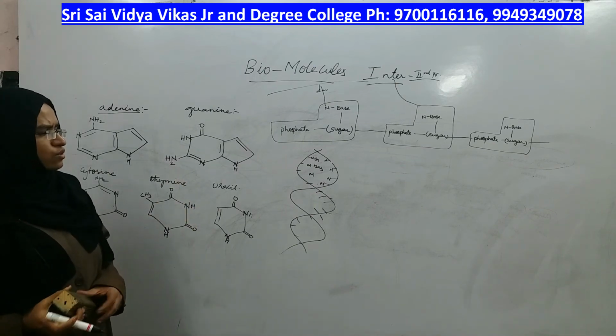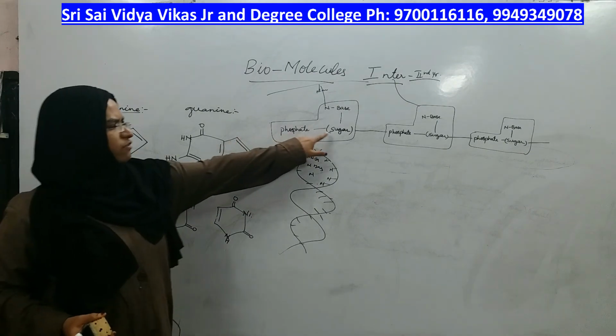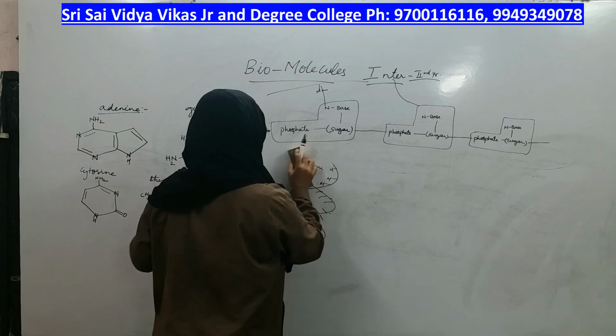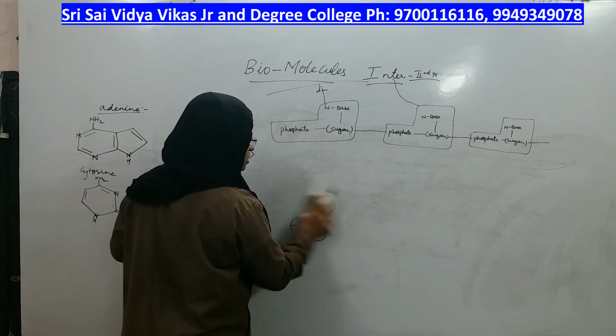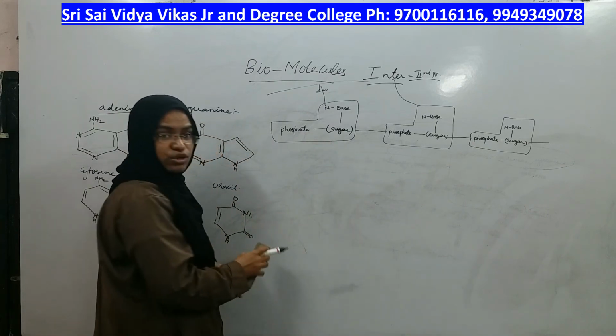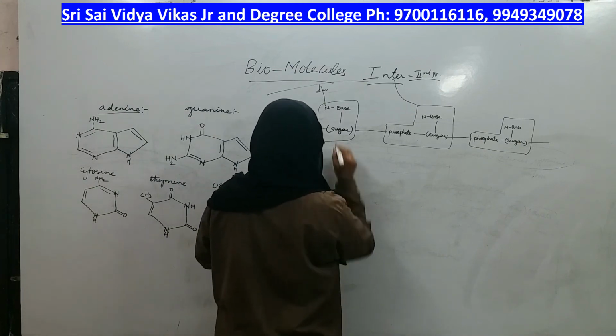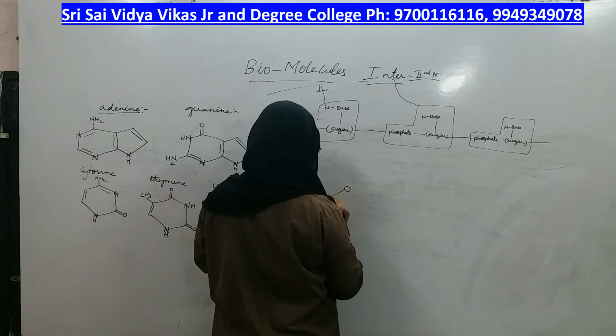So what we will do? We will show the structure of these 3. In the exam they may ask you to draw the structure of a nucleotide. First we will draw the sugar structure.